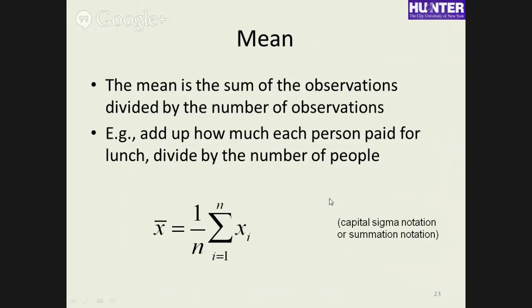So x1 might be the first record that we gathered, x2 would be the second one, etc. Up to, if n was 100, this would be a sum of 100 different values. You just add them all up and divide by the total number.